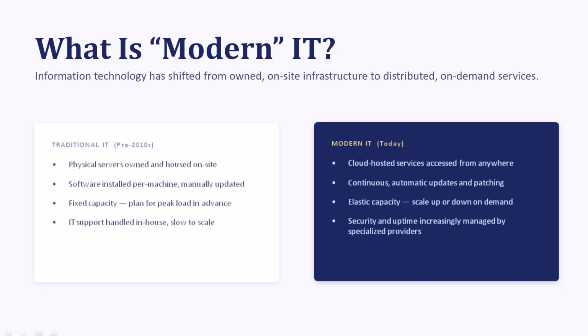And increasingly, security and uptime are managed by specialized providers who do nothing but that, all day, every day. This isn't to say traditional IT has disappeared. Many organizations still run a mix of both, but the overall direction has been a steady shift from owning infrastructure to renting capability.